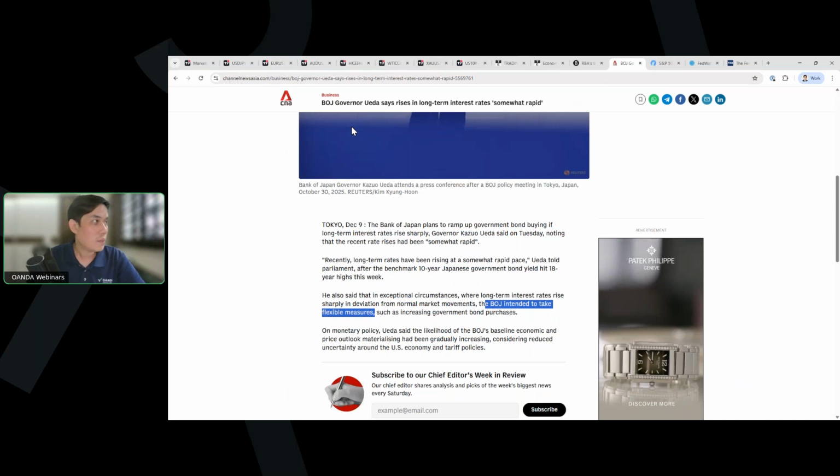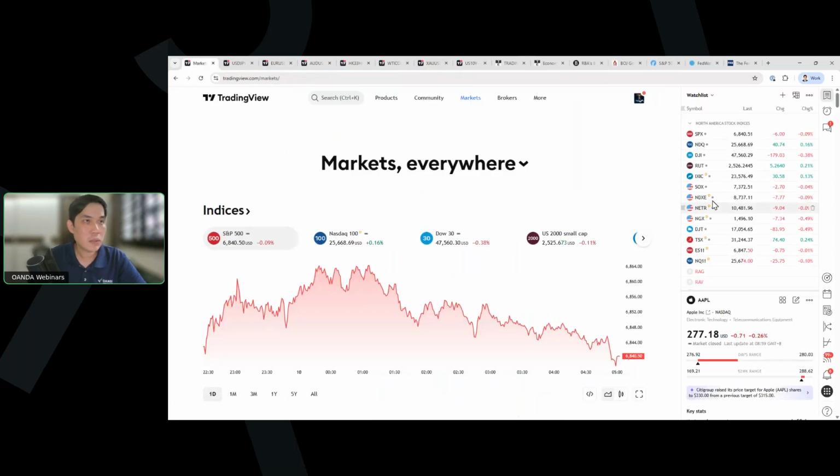All right, and back to the US stock market. The US stock market was rather lackluster yesterday, another day of consolidation ahead of today's key risk event, which is the FOMC meeting. The SPX managed to close down modestly, a minor decline of negative 0.09%.